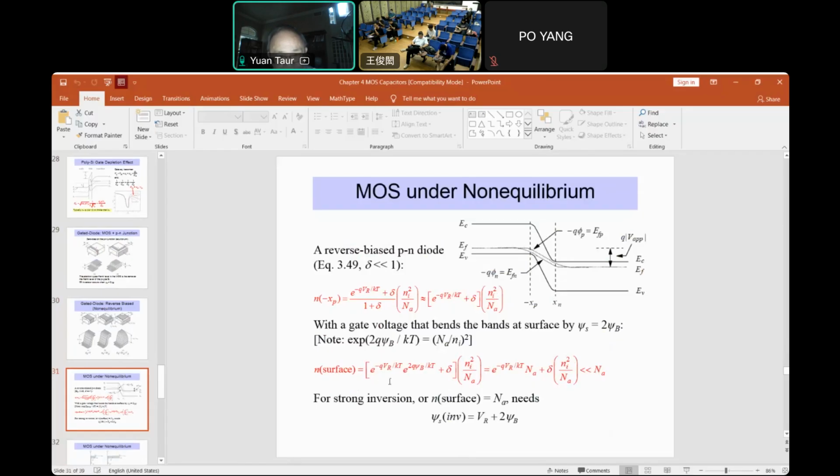But for strong inversion, we have to apply a gate voltage such that we bend psi S by 2 psi B plus VR. In other words, we add a factor of e to the QVR over KT, which will cancel this e to the minus QVR over KT factor that is much less than 1, and then you will recover.